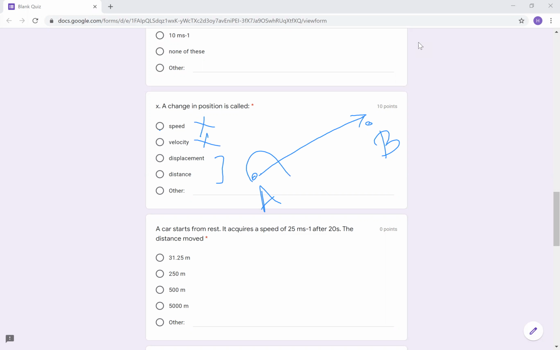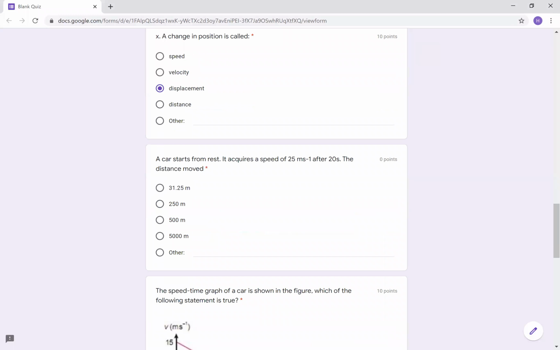Distance is also a change in position, but we are talking only about the change in position. That means if it was moving from here to here, we are only taking 2 points, and those 2 points are the shortest distance between themselves, and that is how we represent it as displacement. So we are choosing the option displacement because that is the shortest distance between 2 points.